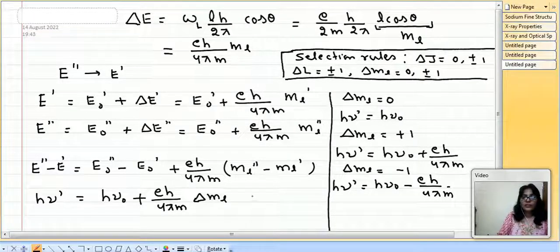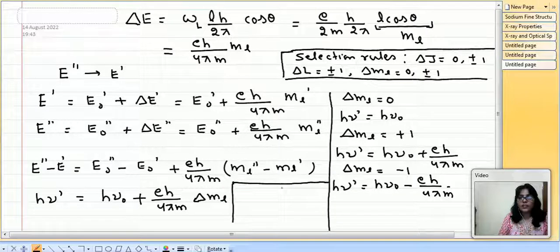One line is the original line. Previously, in the absence of the magnetic field, there was only a single line at nu naught. Now let us write here: no magnetic field, and then magnetic field is applied.